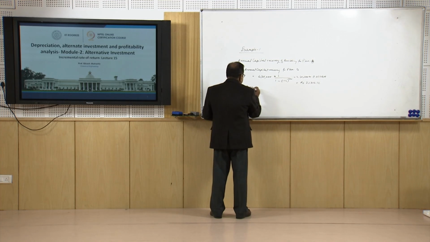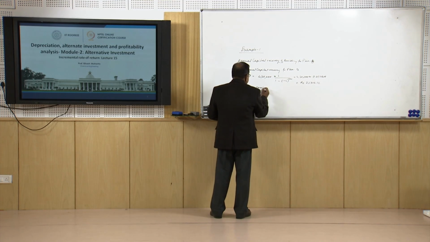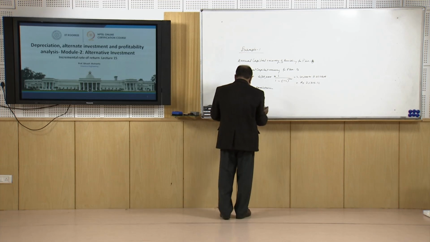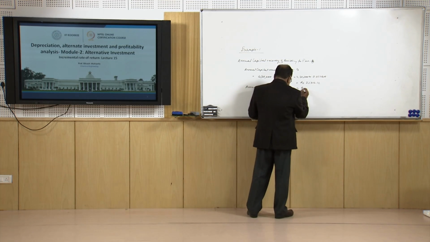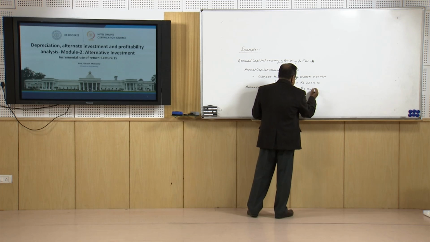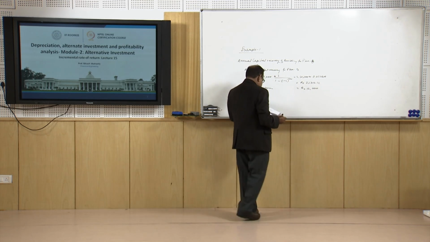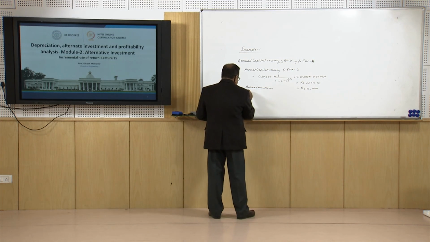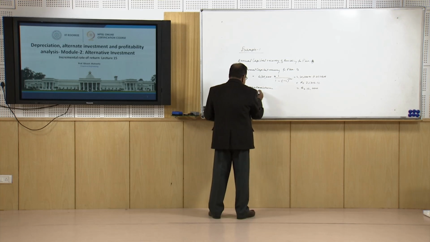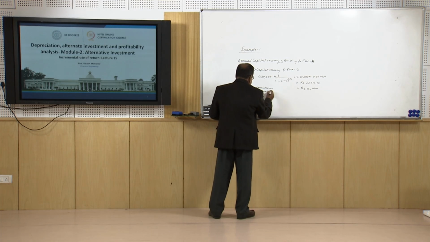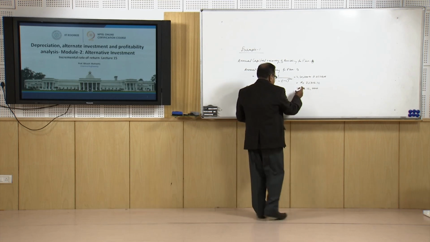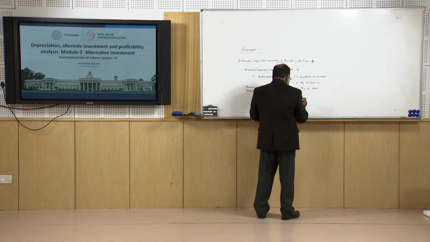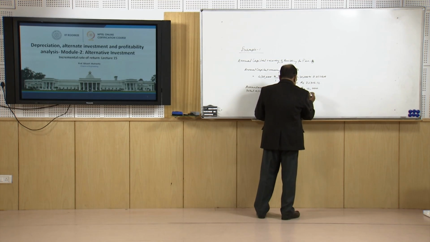Annual maintenance is rupees 12,000. So, total annual cost for plan B, this plus this, is equal to 34716.12.